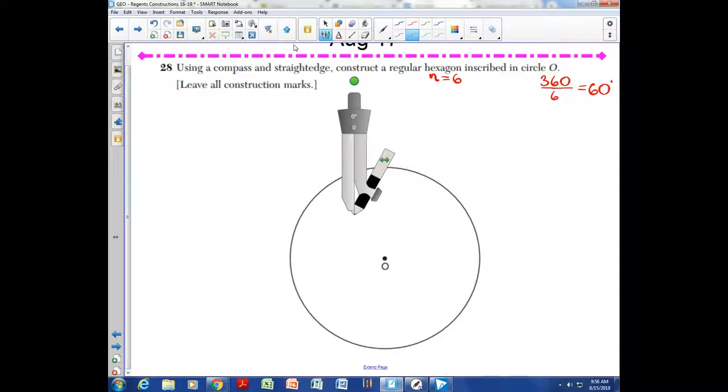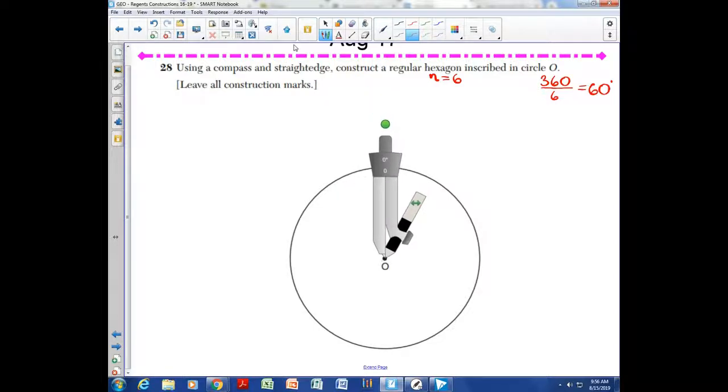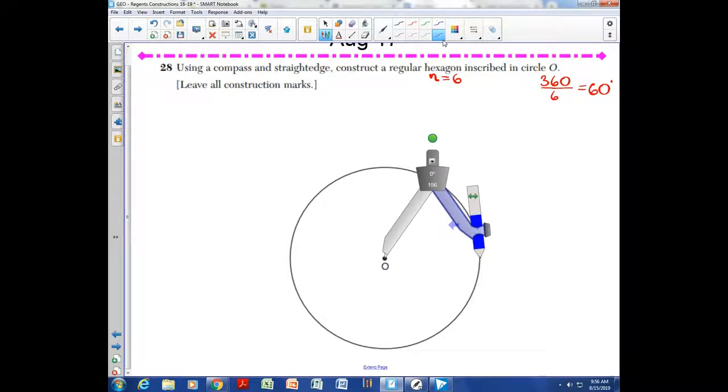So if you could just take a compass and put the pointer on the center, since they gave us the center, and open that up to any point on the circle. Once you have the radius of a circle set in your compass, you can then go to any point on the circle.